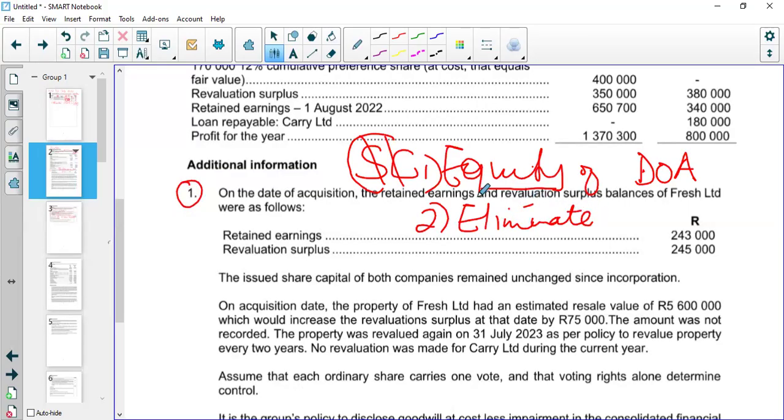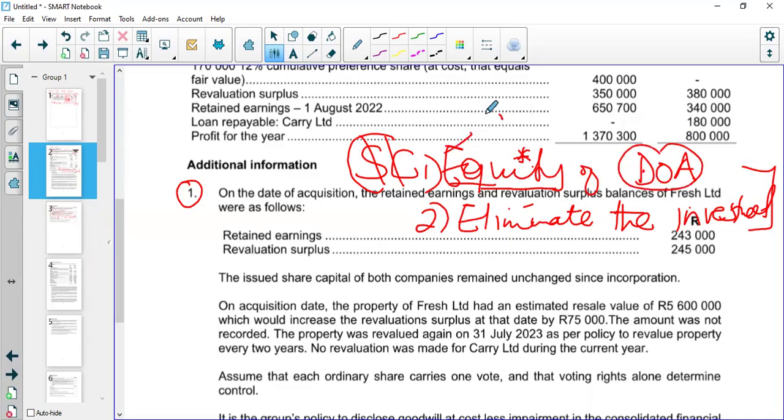So the parent makes an investment in the subsidiary, and we want to eliminate the investment. So these are the two major things we're trying to achieve when we deal with the acquisition pro forma journal entries.